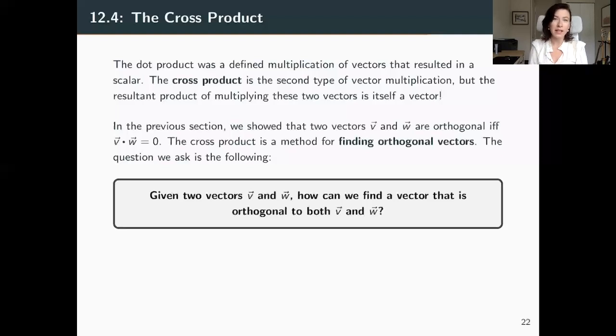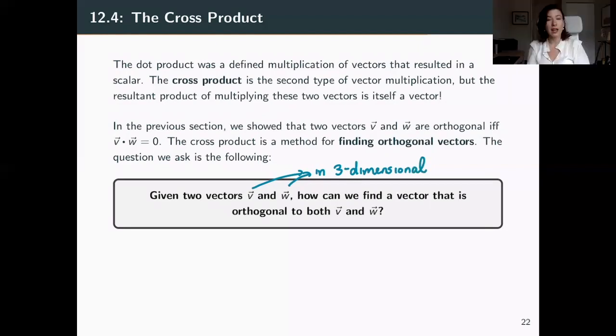Unfortunately, in comparison to the dot product, the cross product is only defined in R3. That is, we can only evaluate the cross product for two vectors, v and w, which are in three-dimensional space. We cannot define the cross product in two-dimensional space. This is something to be careful of.